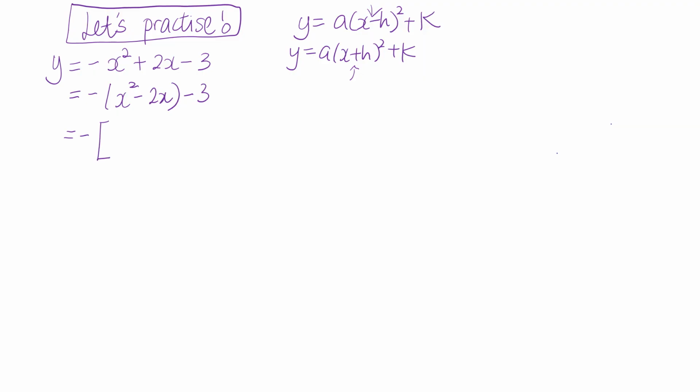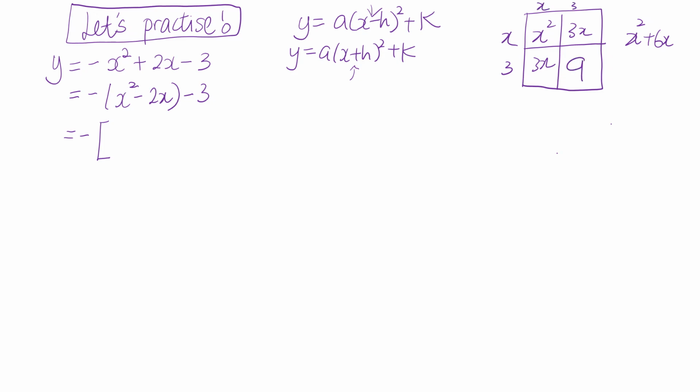Okay, so if you recall the diagram that we have drawn to explain, remember the first question that we have done, x squared plus 6x, we divide the 6x into 3x and 3x. And then this is 9, where we get 3 times 3, right?